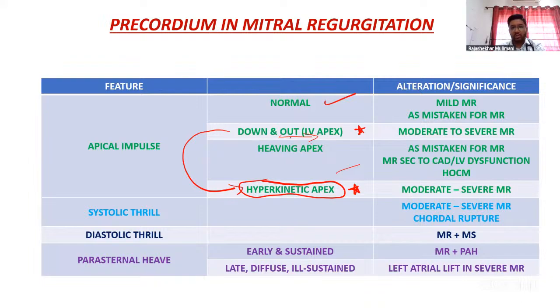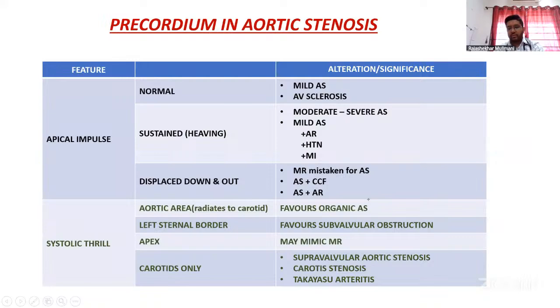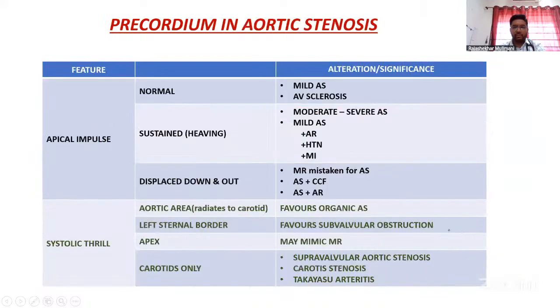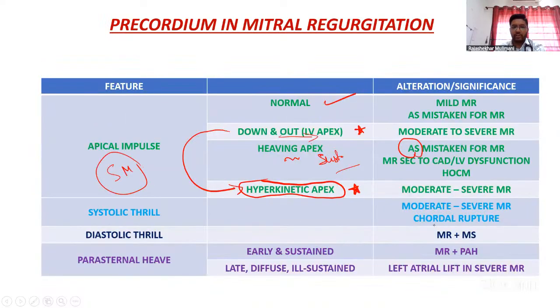If you see a down and out LV apex, but it is heaving, that means it is sustained, then it is usually an aortic stenosis which you have mistaken for mitral regurgitation due to the presence of a systolic murmur. And you can also have a systolic thrill. If it has a coexistent mitral stenosis, you can have a diastolic thrill also.